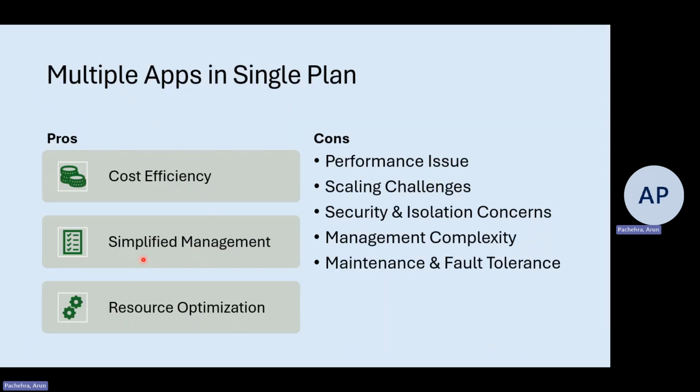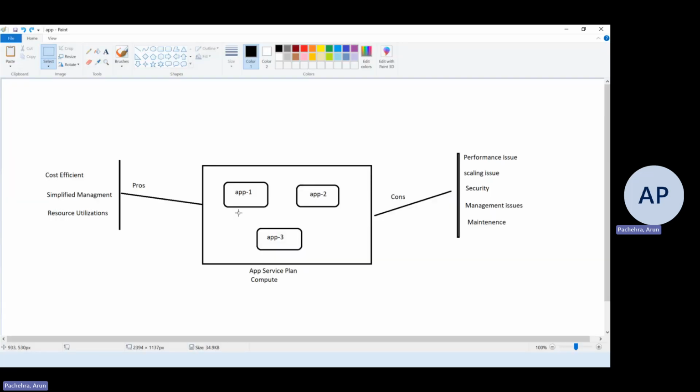So, simplified management. You can understand this with this example. Let's suppose we are managing several applications for a marketing campaign. If they are all under the same app service plan, like this, you can monitor their performance and usage from a single dashboard. When you need to increase capacity due to a spike in traffic, you can simply scale up the plan, and all applications benefit from the increased resources, because the idea is that all these applications have similar resource needs.